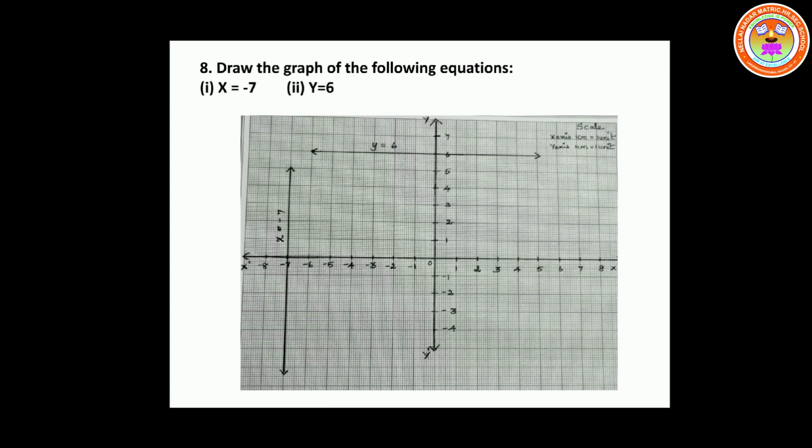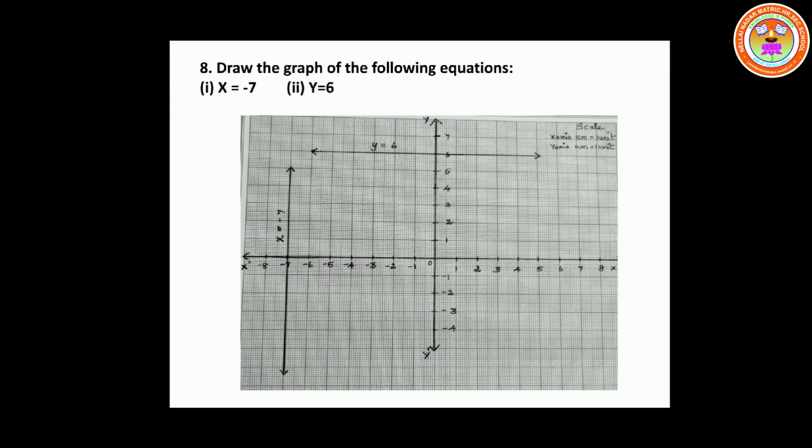Now 8th sum, draw the graph of the following equations. So there are two equations, x is equal to minus 7 and y is equal to 6. I have drawn both the equations in a single graph itself. So first let me draw the x-axis and y-axis, X'OX and Y'OY. Since x is equal to minus 7, for negative values of x I have taken till minus 8, and y is equal to 6, so on the positive y-axis I have taken till 7.